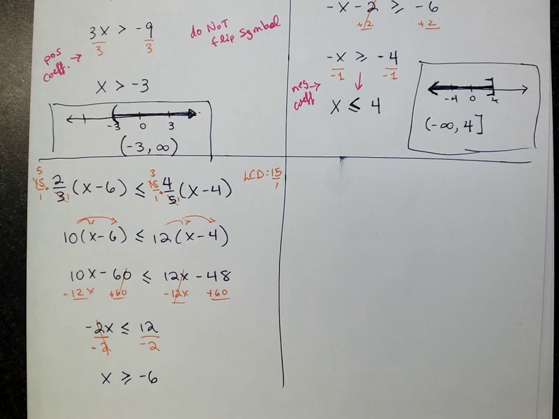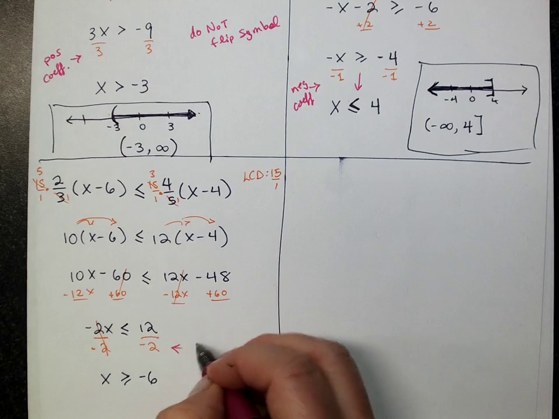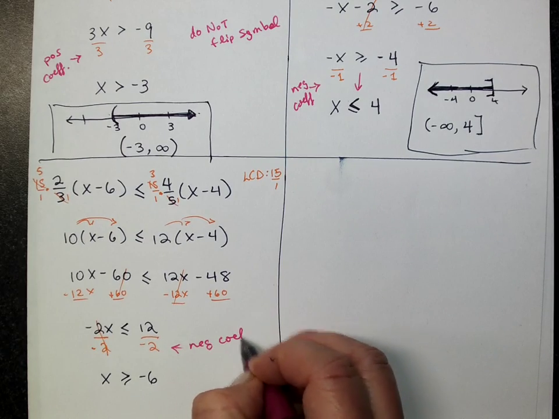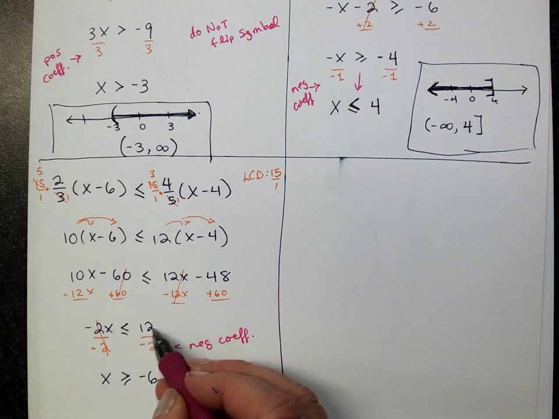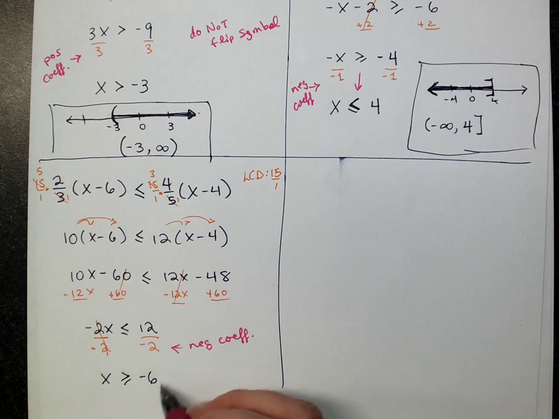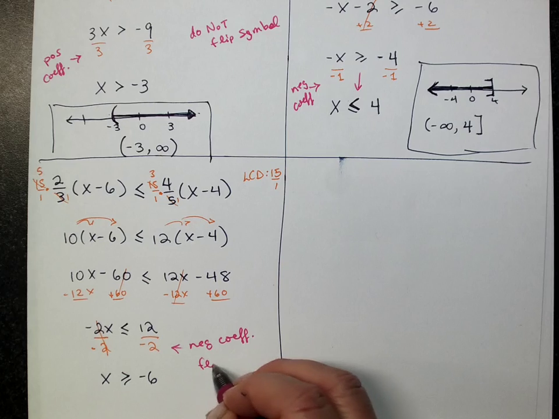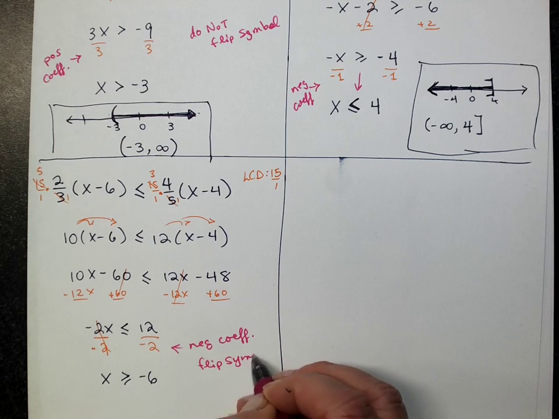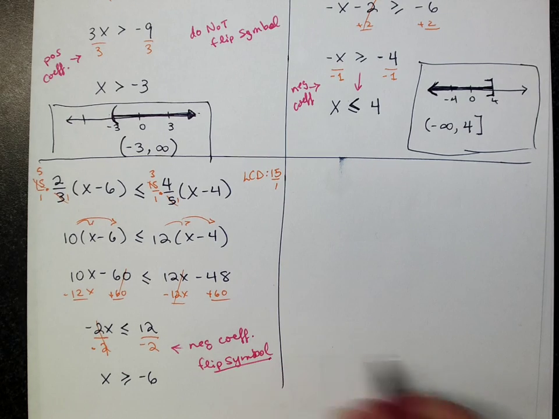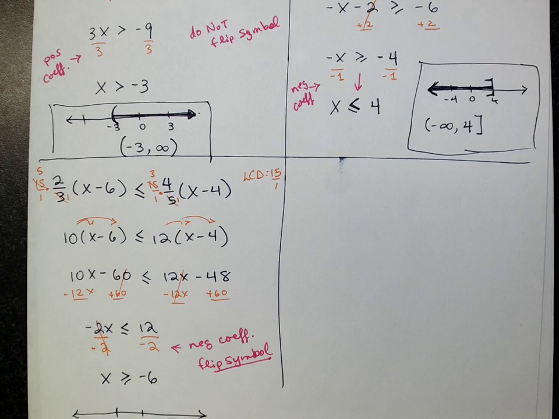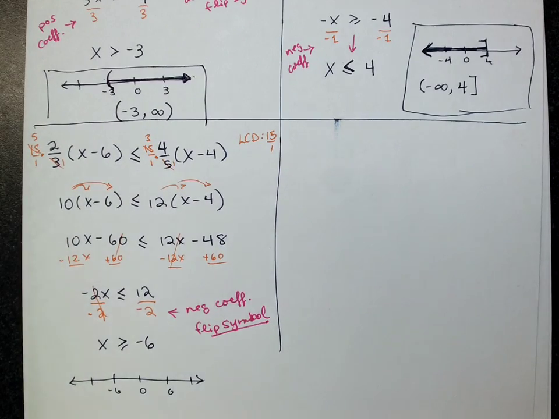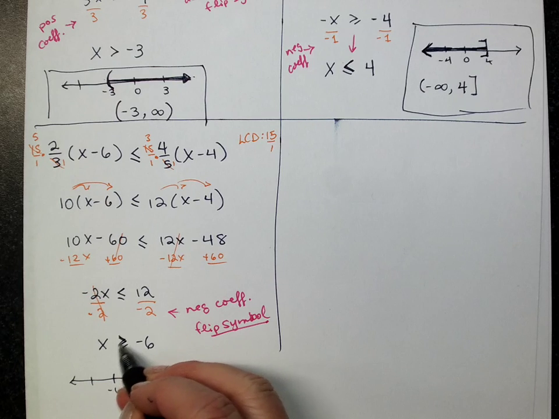Yes. Okay. We had a negative coefficient. It doesn't matter whether the 12 was positive or negative. It doesn't matter that the solution happens to be negative. The negative coefficient means we flip the symbol. Pointing up the number line.